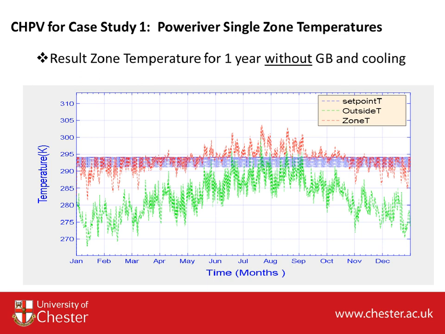And just running the CHP engine with the energy store, the temperatures are shown in red, and the green line is the outside temperature. And you'll see in the cold months, January, February and December particularly, there are times when we don't reach comfort temperature and there's insufficient heat from the CHP engine, and it needed to be topped up with a gas boiler. But how do we size that?